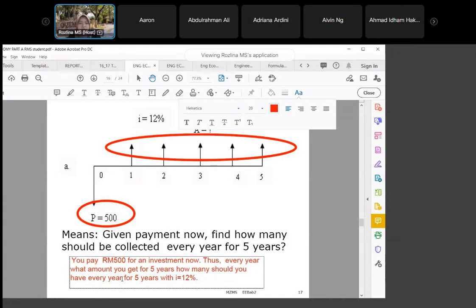Okay, thus every year, what amount do you get for 5 years, or how much should you have every year for 5 years with 12%. So the important thing is first, you know how to draw.